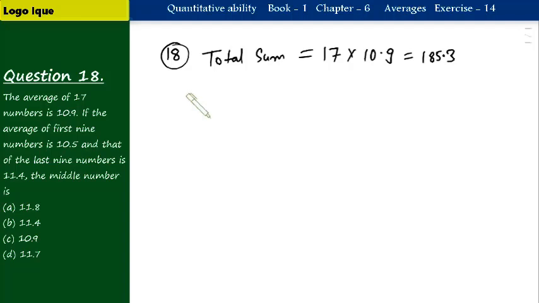Now, the average of the first 9 numbers is given as 10.5 and the average of the last 9 numbers is 11.4. Let's assume the middle number to be x.